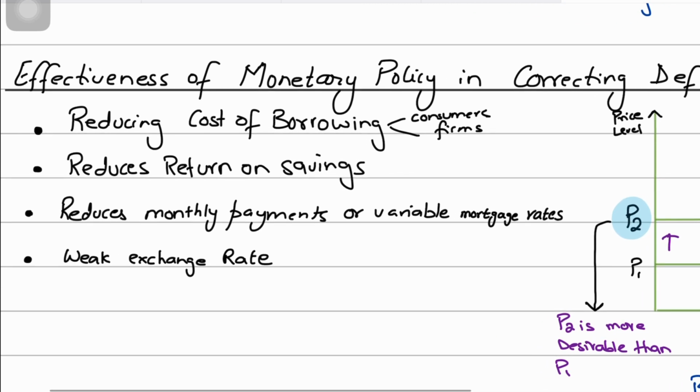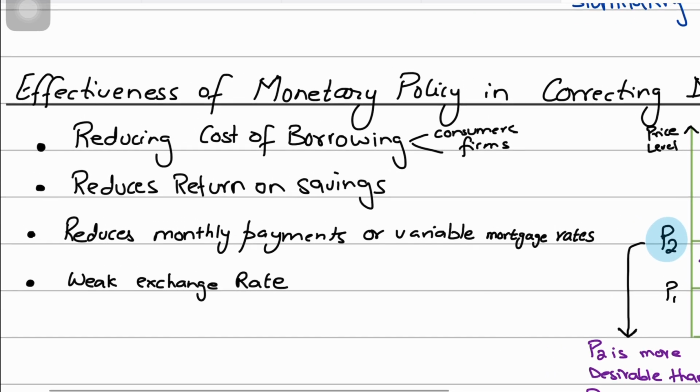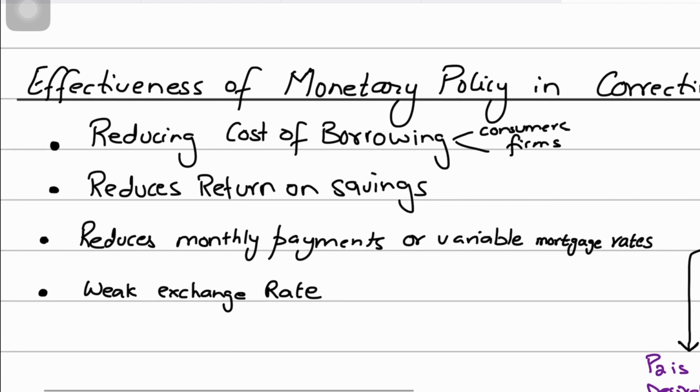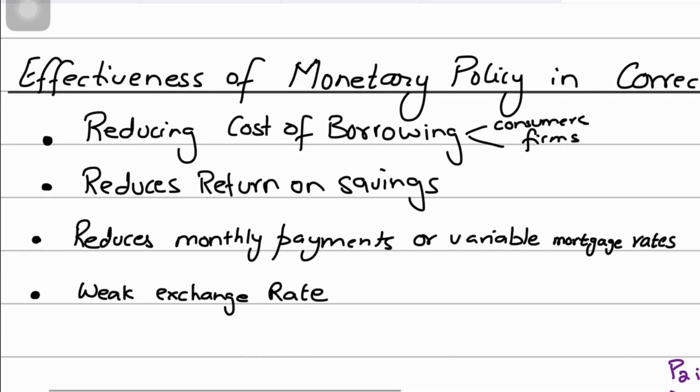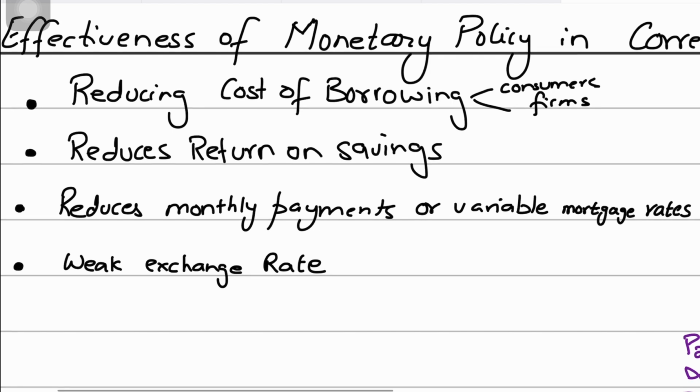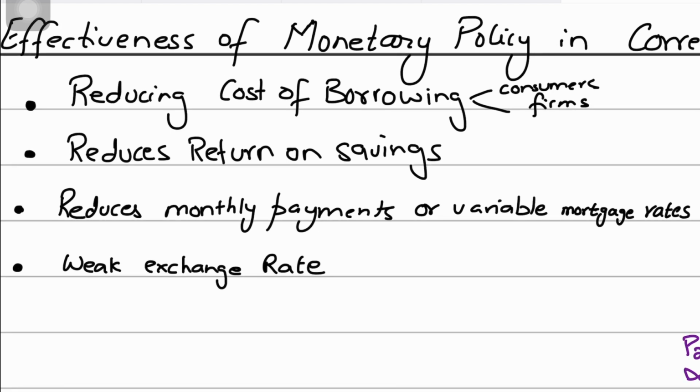Secondly, the cut in interest rates also lowers the cost of borrowing for firms. Since the cost of borrowing for firms goes down, firms find it more feasible to borrow more, because borrowing is now more profitable since they have to pay less interest on the sums of money they are borrowing.